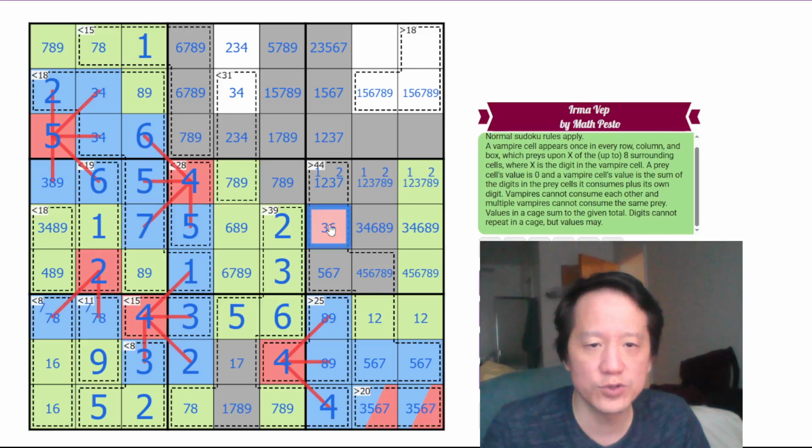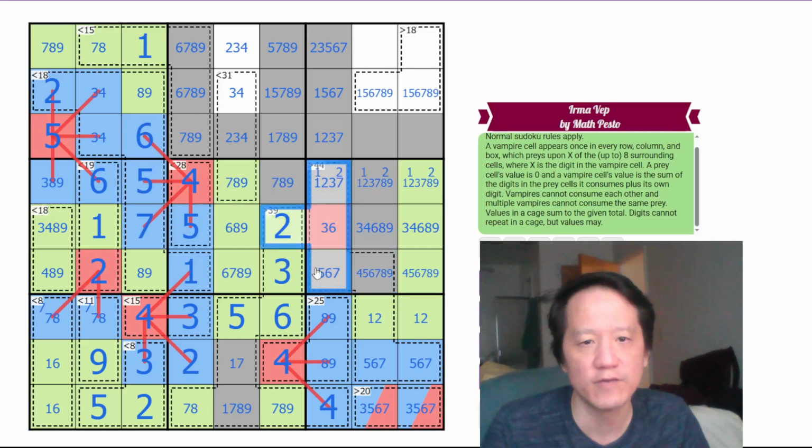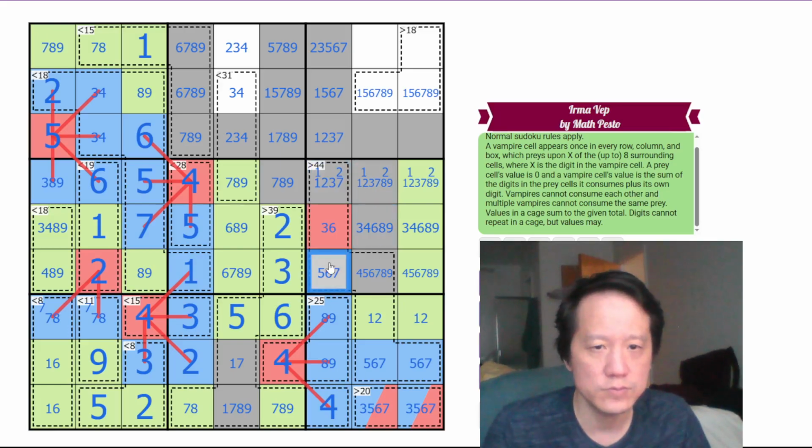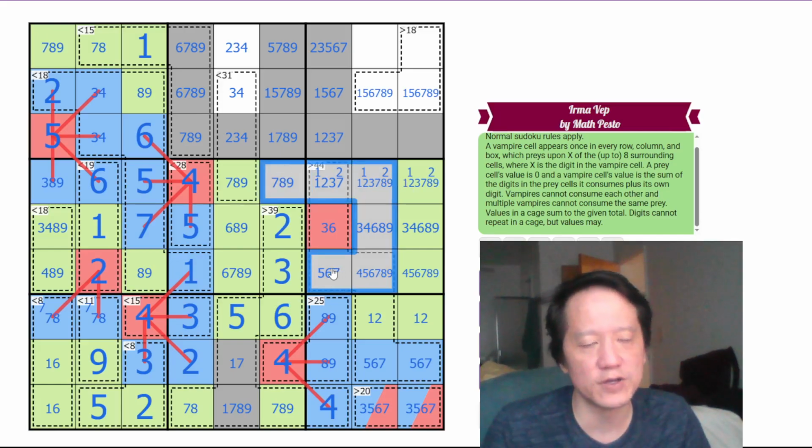So if this were 3, it vampires these 3 cells. You'd have 1, 2, 3, which is 6, plus 6, 7, 8, 9. 6 plus 30 is 36, plus 9 is 45, which is greater than 44. 6 obviously works because it pulls everything here then.